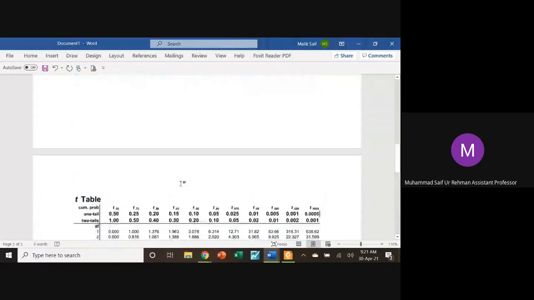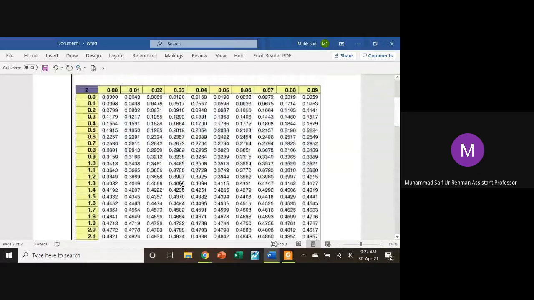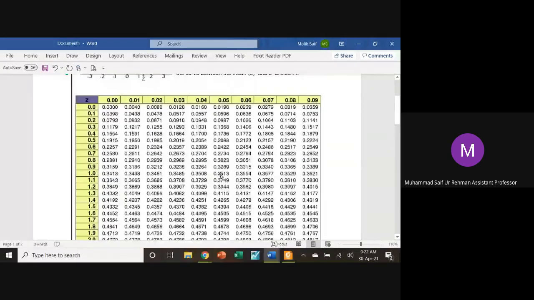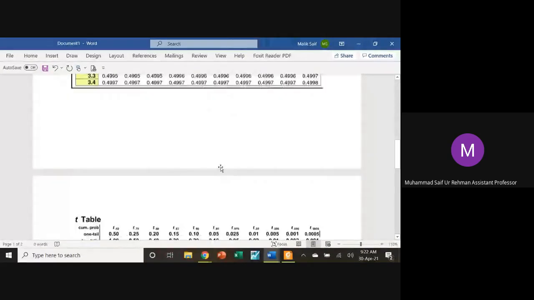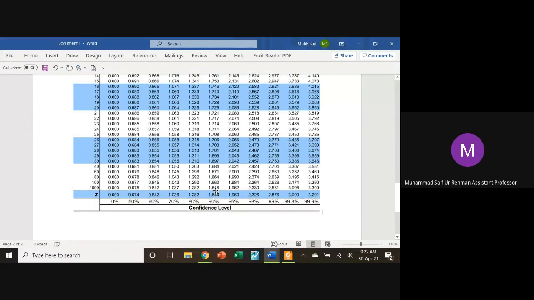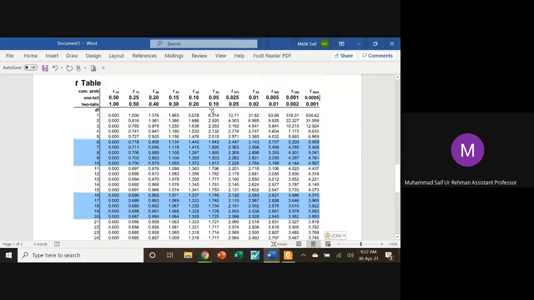So in this case, if you see against 0.4505, the value is 1.645. So this is the value basically, 1.645. When you round it, it will be 1.65. So this is against one tail 0.05.